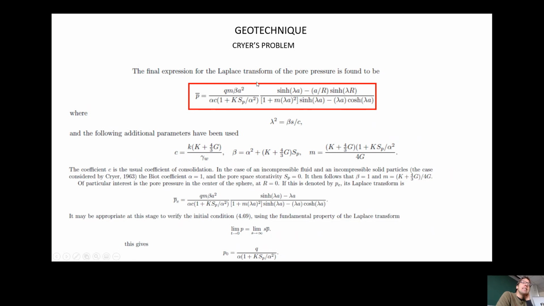found as this, you see, a pretty complicated expression where lambda square is beta s over c, and there are a couple of other parameters where you can see c is this ratio, beta is this sum, and m is this. I don't want you to know all of this, of course.